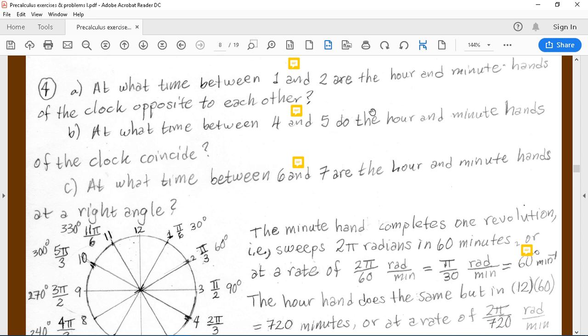For example, here at 4a, we're talking about the time at which the hour and minute hands are opposite to each other.